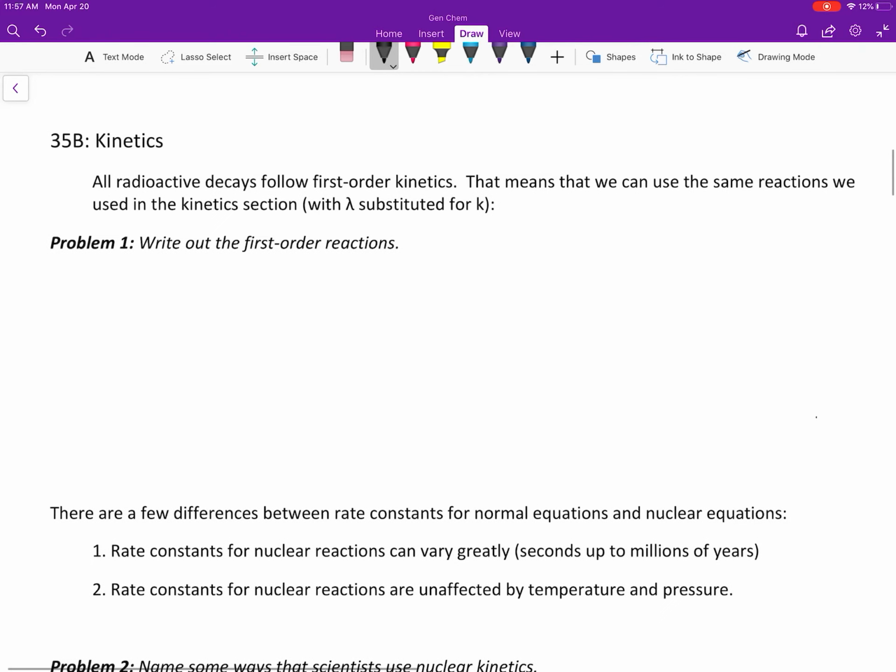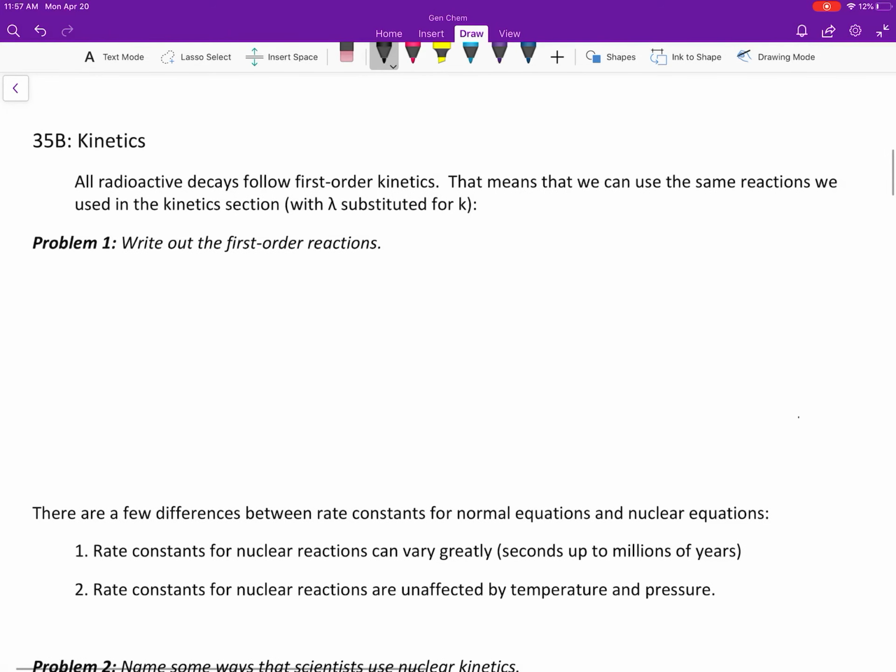All right, so kinetics. All radioactive decay series follow first order kinetics, which we talked about back in chapter 12. This means we can use those same reactions we've already used in this section, and we're going to substitute lambda for k.